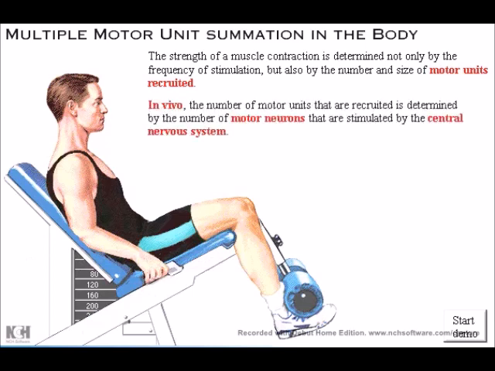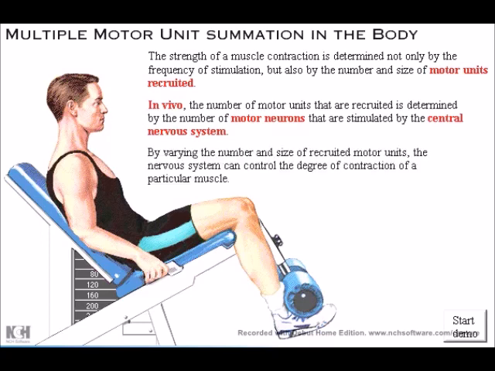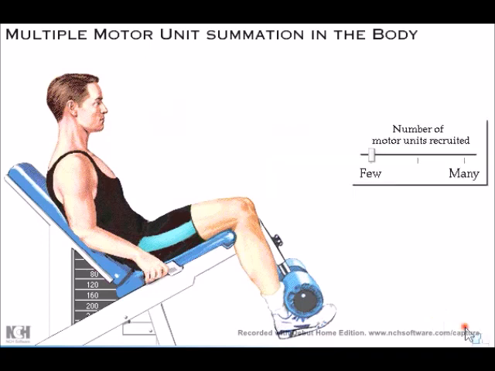In vivo, the number of motor units that are recruited is determined by the number of motor neurons that are stimulated by the central nervous system. By varying the number and size of recruited motor units, the nervous system can control the degree of contraction of a particular muscle. Click the button to begin a demonstration on this concept.